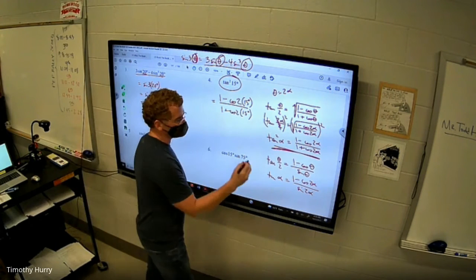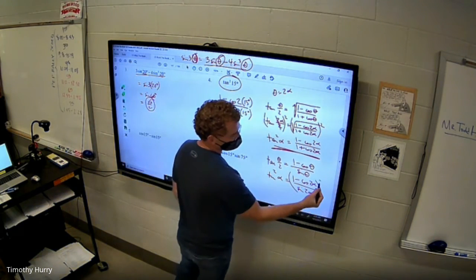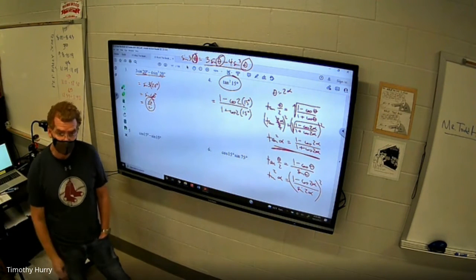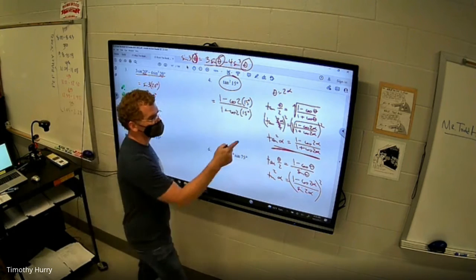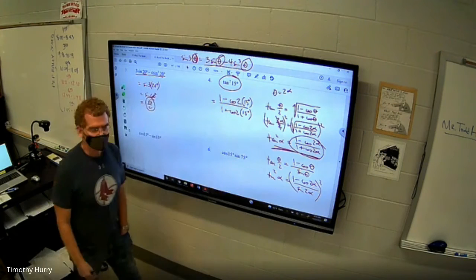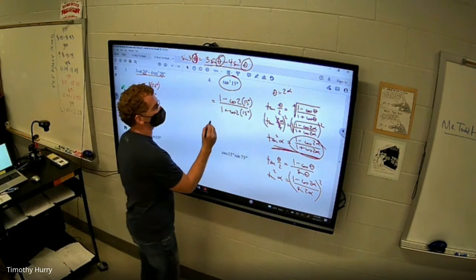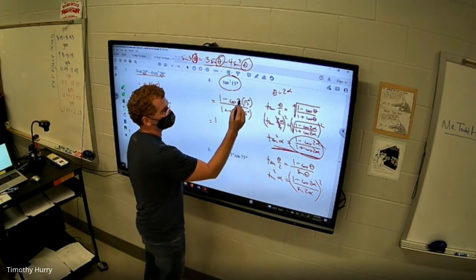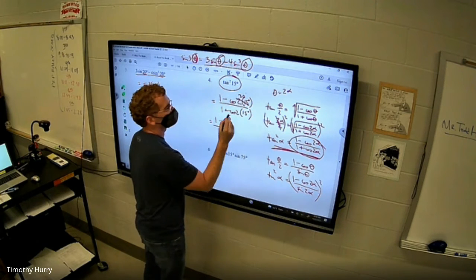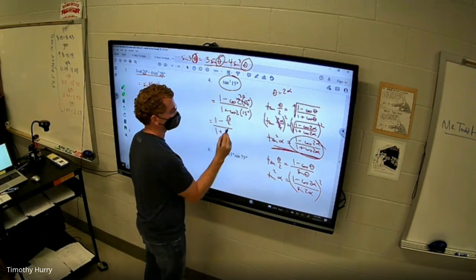And then you square it, you end up getting a little bit bigger mess. Maybe not. But here, when you square the square root, it just goes away and you get a nice clean value. So all I have to do is clean this up, which is 1 minus cosine 30 over 1 plus cosine 30.